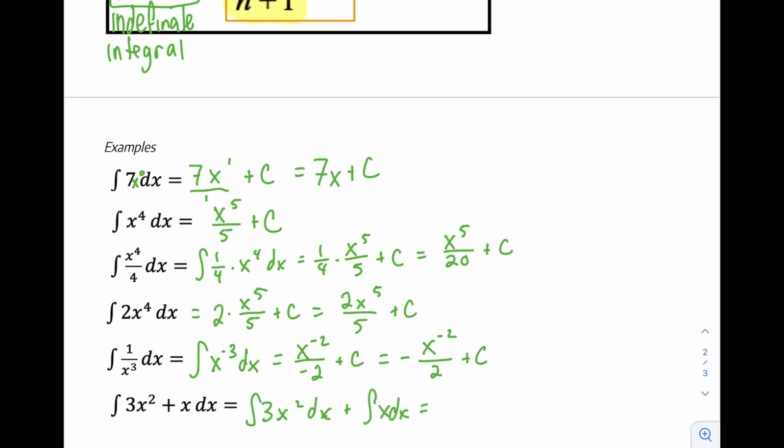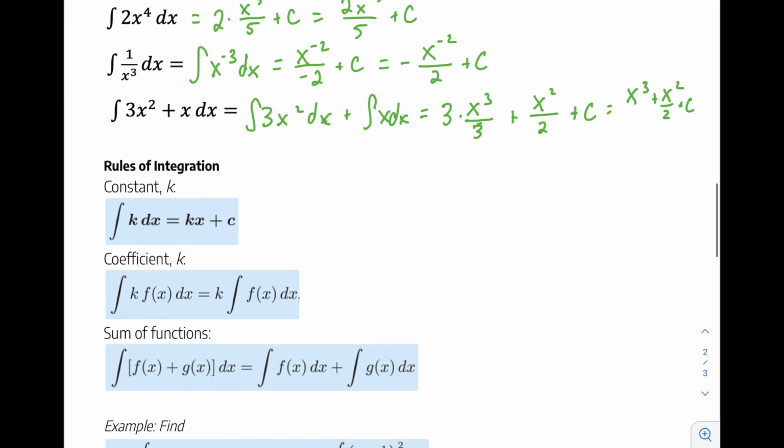So the integral of 3x squared is 3 times x to the power of 3 over 3, plus the integral of x, so that's going to be x squared over 2 plus c. And this simplifies to x cubed plus x squared over 2 plus c.